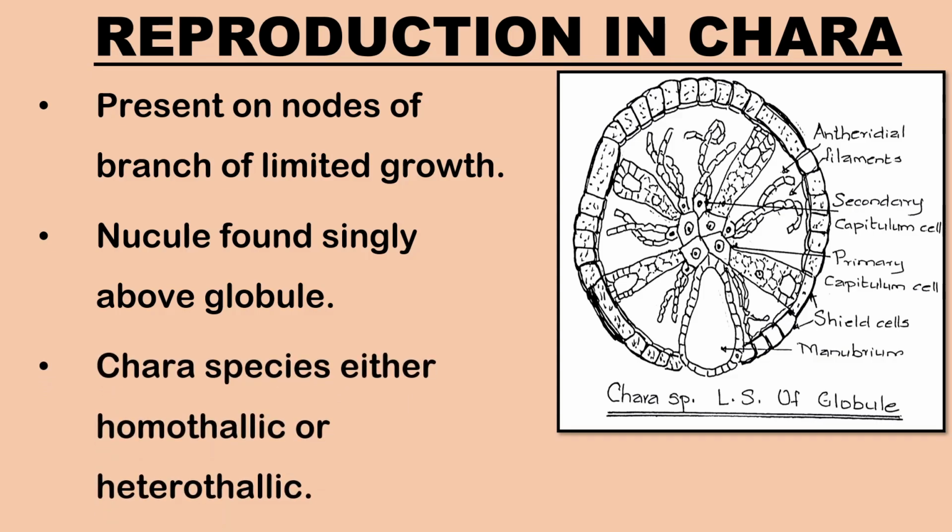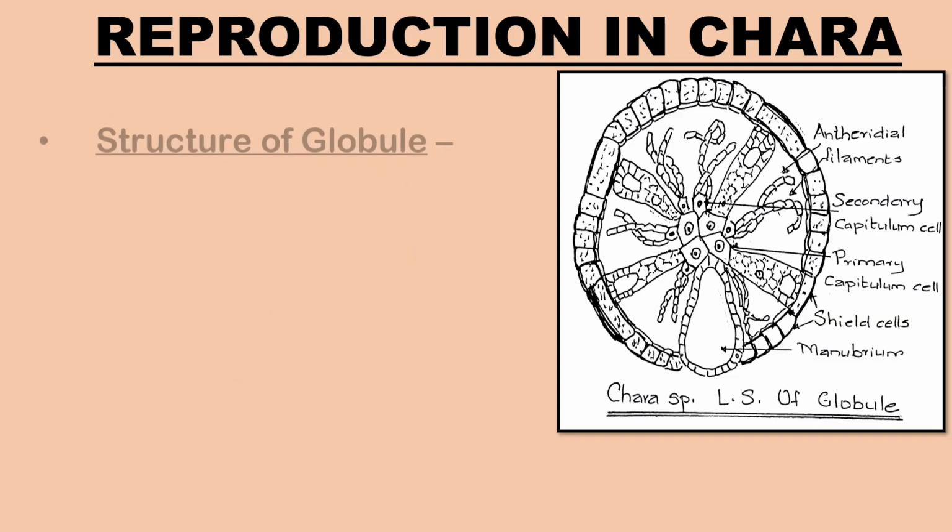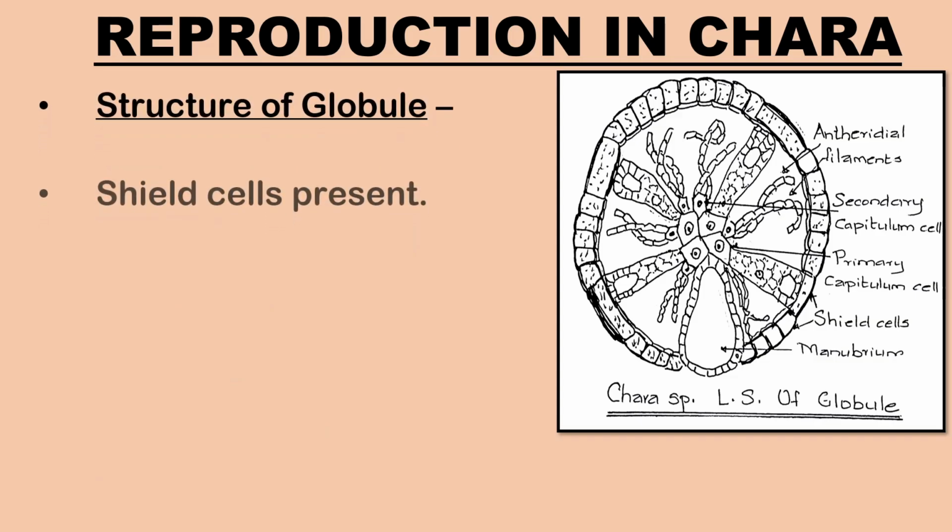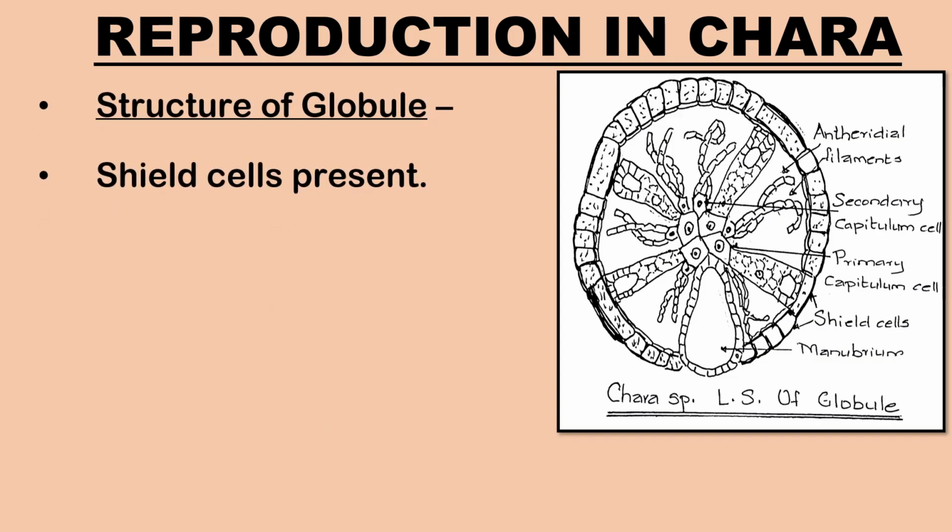Species of Chara are either homothallic, that is monoecious, or heterothallic, that is dioecious. Each mature globule shows the presence of 8 outer curved plates called the shield cells.